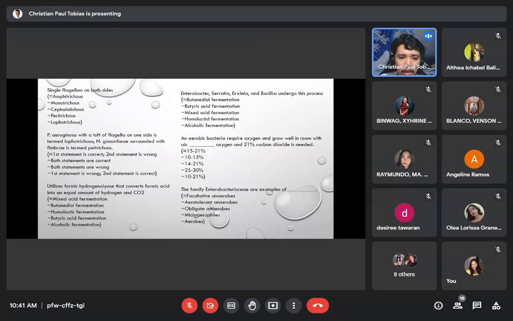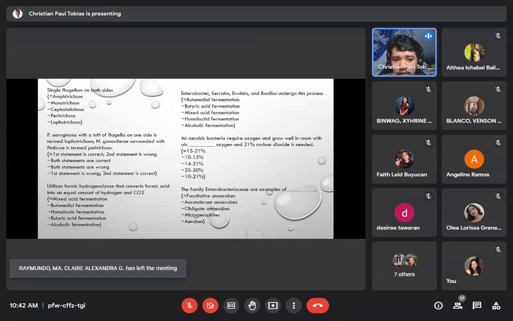Yan, they undergo butanediol fermentation. How about yung homolactic fermentation? From pyruvate to lactate or lactic acid. Pag butyric naman, pyruvate to butyrate. Oh, madali lang. Pag sinabing alcoholic fermentation, syempre sugar to ethanol.